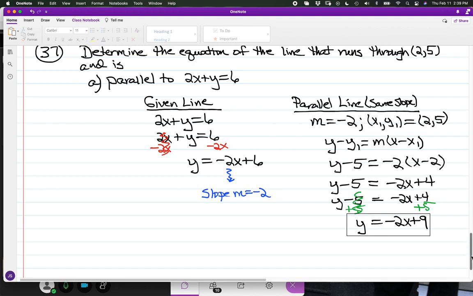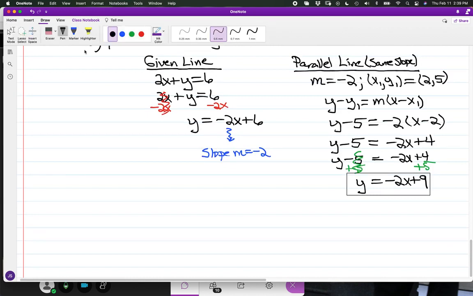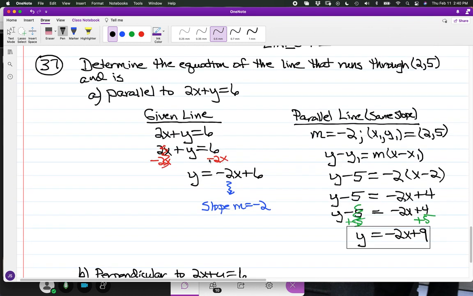Now, if I'm looking at the equation of the line that's going to run perpendicular, so I'm running perpendicular to 2x plus y equals 6, I'm just going to take what I had earlier, just copy this.